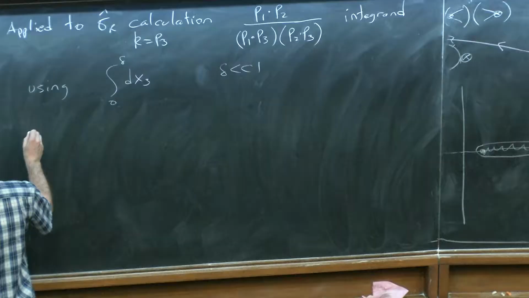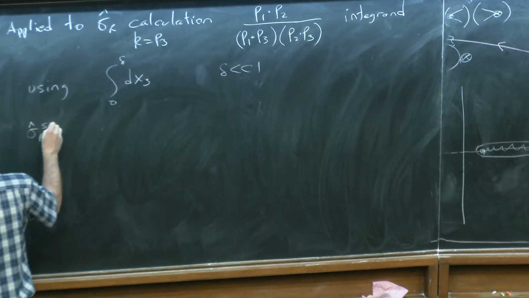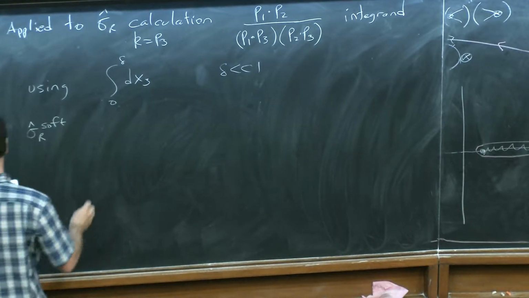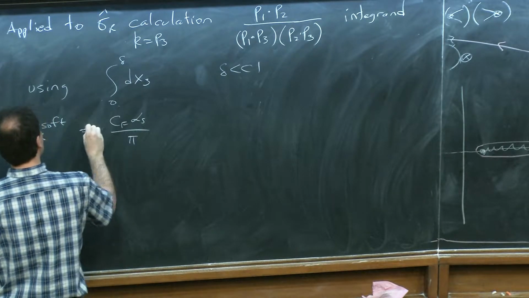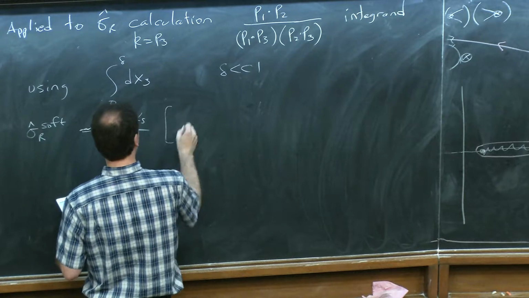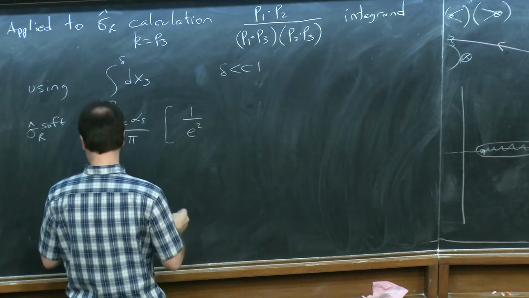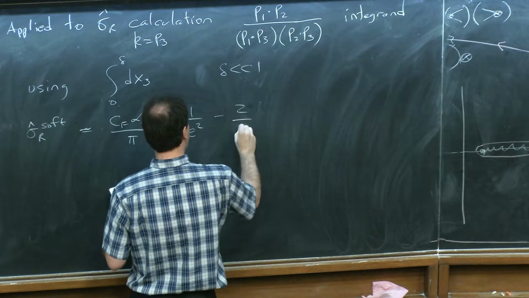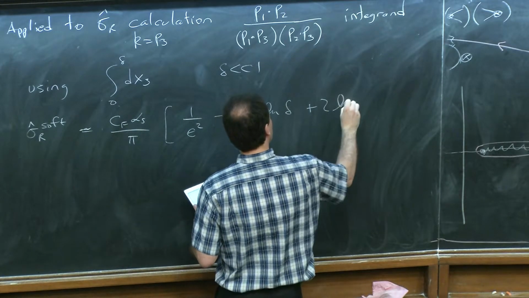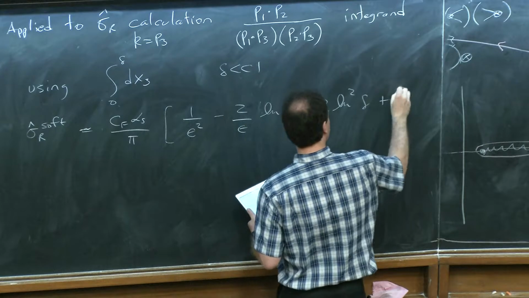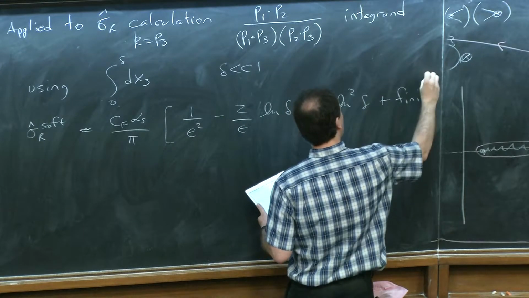So if I go back and repeat the integrals that we talked about last time, but now doing this, I get what I would call the soft approximation to the real radiation diagram, which is basically the same kind of prefactor. It gets the 1 over epsilon squared pole infrared divergence right. There's an extra logarithm showing up, log squared, and then there's some different finite piece.